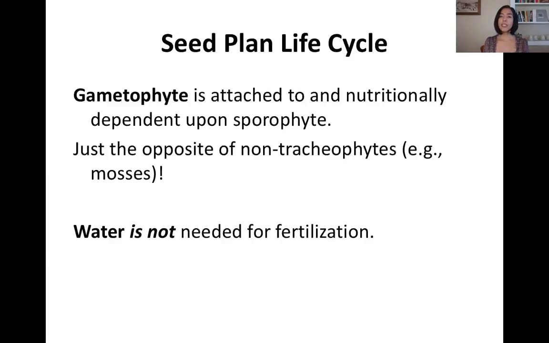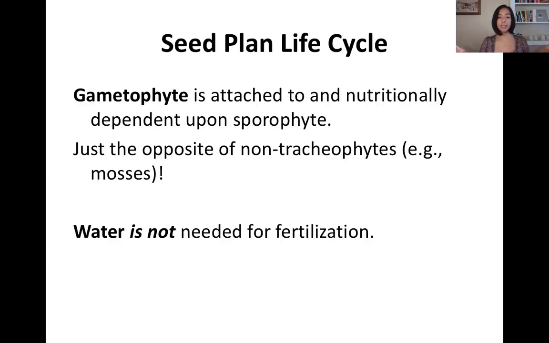And the other thing that I want to emphasize is related to the gametophyte. If you remember, in bryophytes, the sporophyte was dependent on the gametophyte. And that's something that changed in seedless vascular plants. In seedless vascular plants, we have a gametophyte that is independent of the sporophyte, or a sporophyte that is independent of the gametophyte.